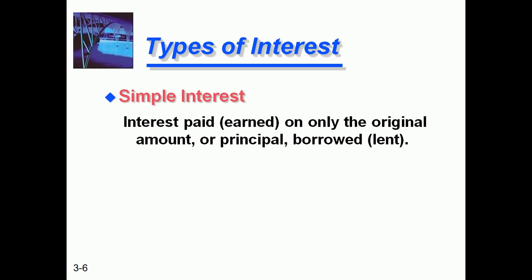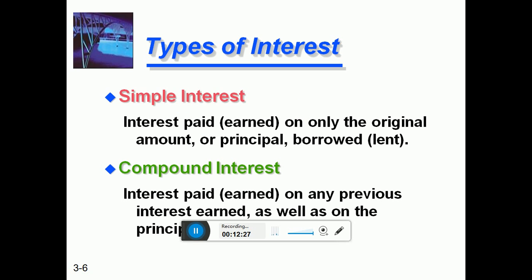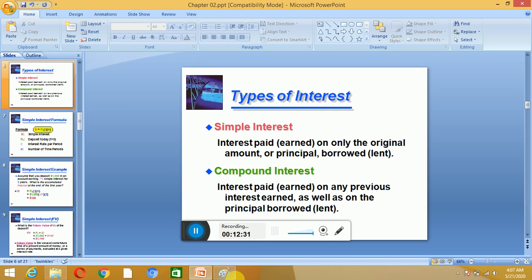Types of interest. So there are two types of interest. One is called simple interest and the other is called compound interest. So with the help of an example, we will discuss these two.